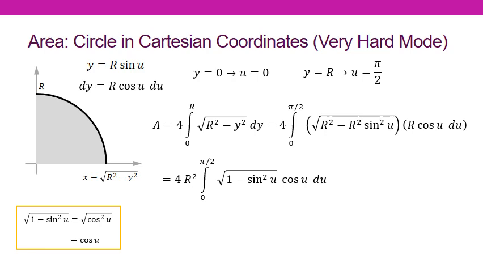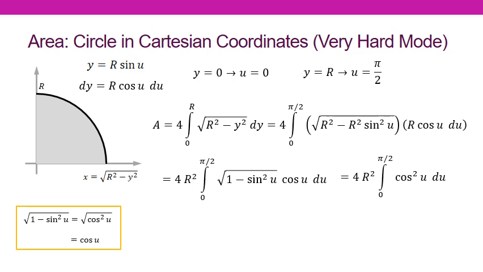Of course, the square root of a square is going to be the thing itself, so I get cosine of u. Technically I get a plus or minus cosine u, but since I'm in the first quadrant, I'm just going to use the positive root. I can make that substitution now, and I get something that simplifies down nicely. We just get the integral of cosine squared u du from 0 to pi over 2.